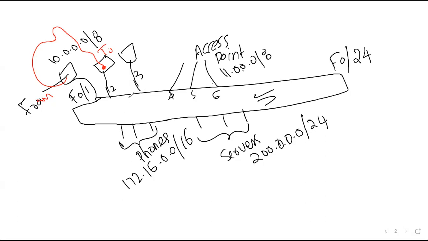So that flood or broadcast will go to all other ports, which will be unnecessary for other systems to receive, which is not good and not needed. It will take time for others to consume or read it. It will take up their unnecessary time.